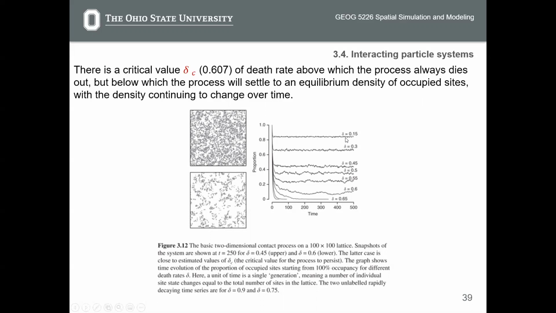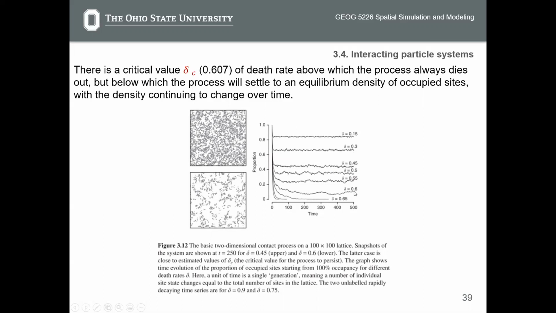If you increase the delta value, it's natural that some cells are going to die with higher probability, right? From 0.15 to 0.3 to 45%, 50%, and you can see that the proportion of occupied cells is not that stable anymore, because the death rate is increasing. It makes sense, right?